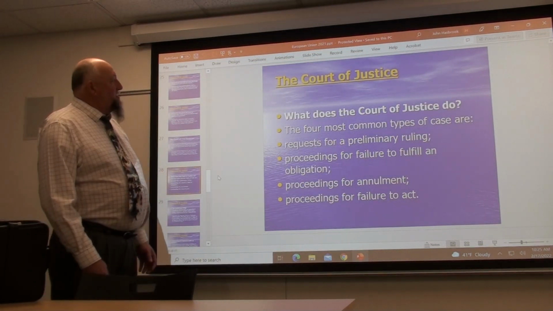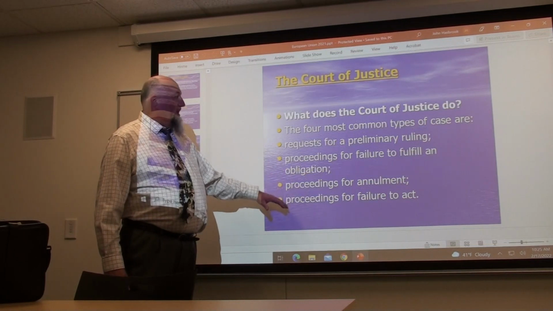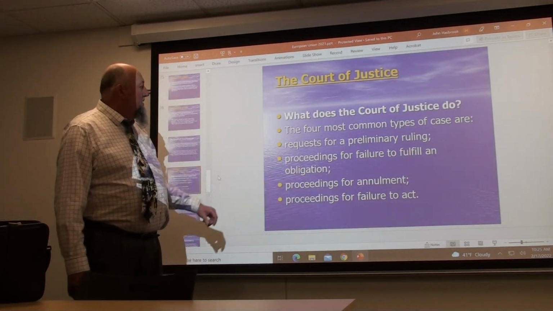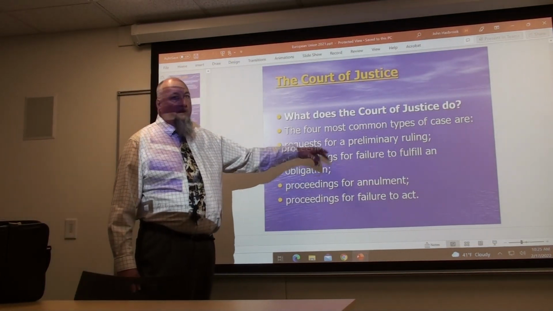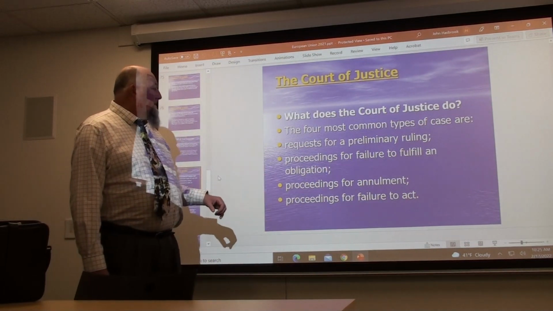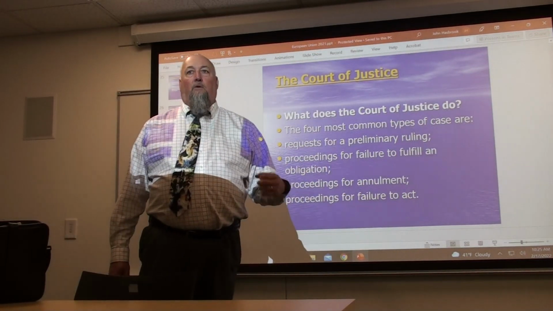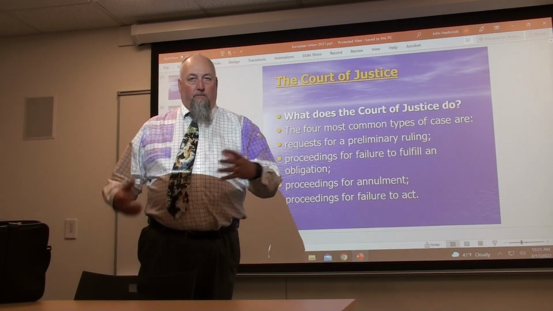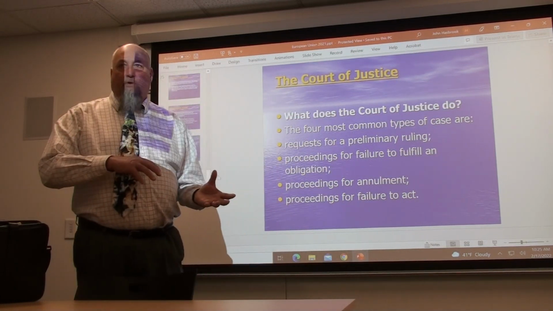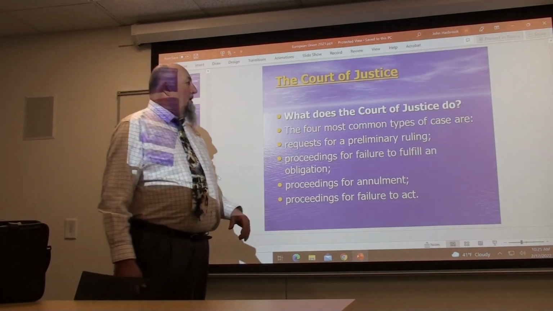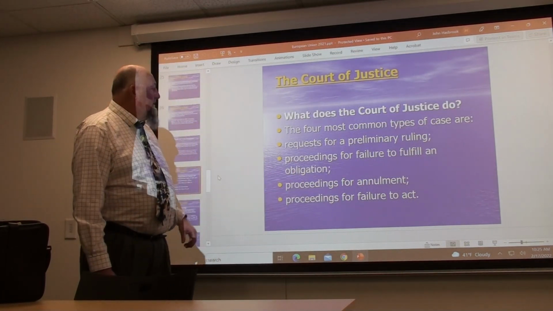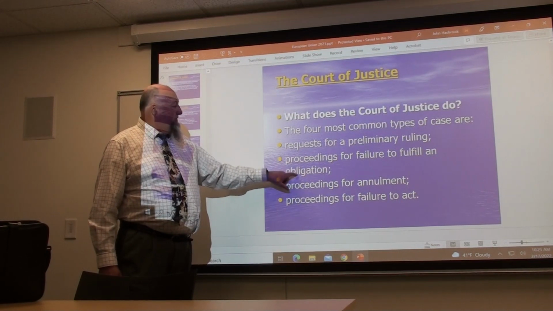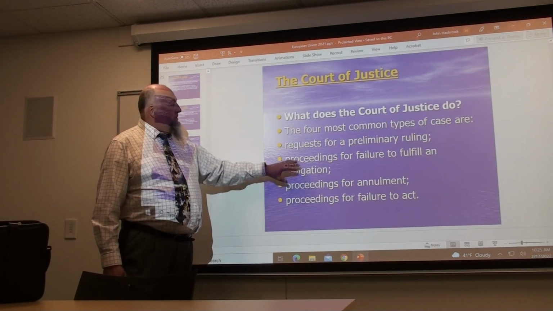Okay, the Court of Justice has 4 basic types of cases that it can rule upon. The first is a preliminary ruling, which would be if there was a proposed law that needed guidance on whether or not it conflicted with European Union law. The court can issue a decision on that. Proceeding for failure to fulfill an obligation. We don't really have that.